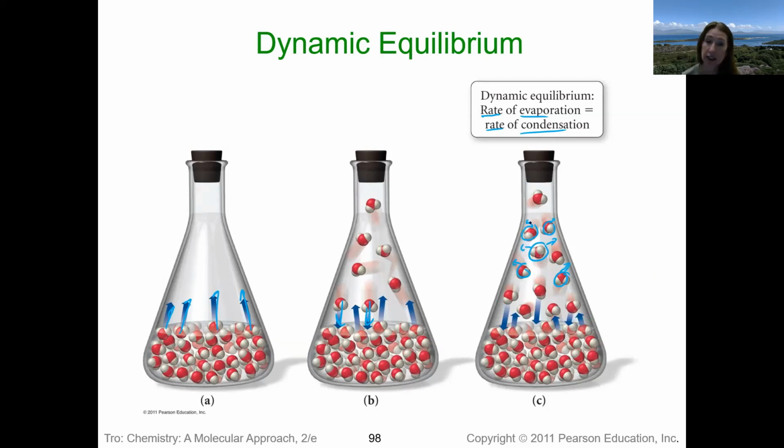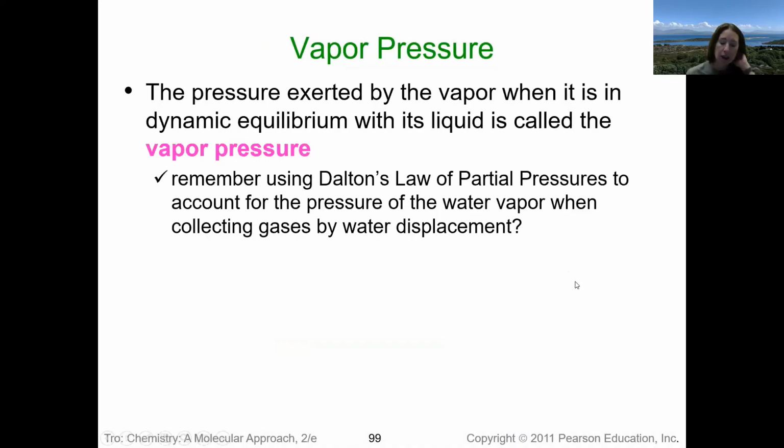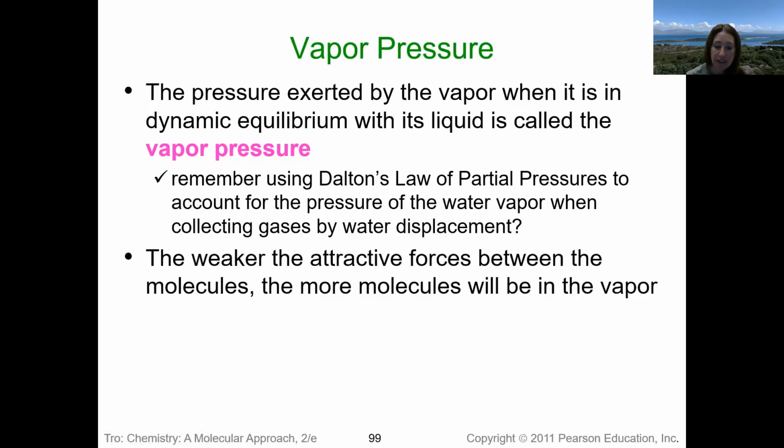Fewer molecules hitting the side of the container, lower pressure. So all vapor pressure means is gas molecules hitting the side of a container. The pressure exerted by the vapor is called the vapor pressure. And we're going to talk about Dalton's law in a little bit, not quite today though.